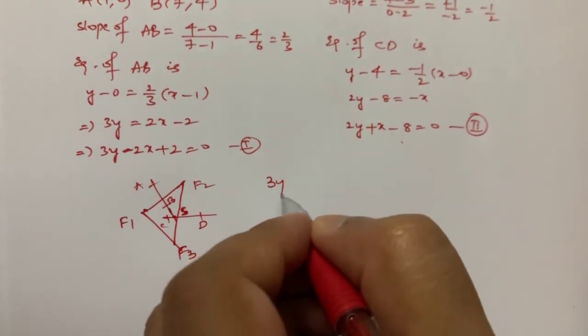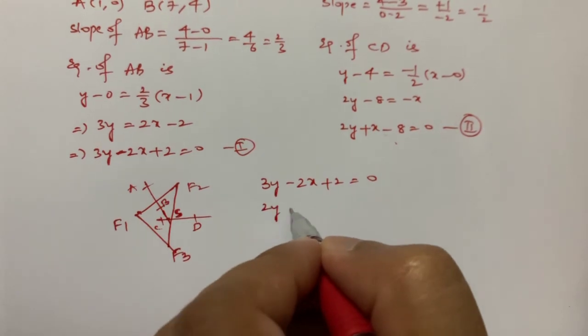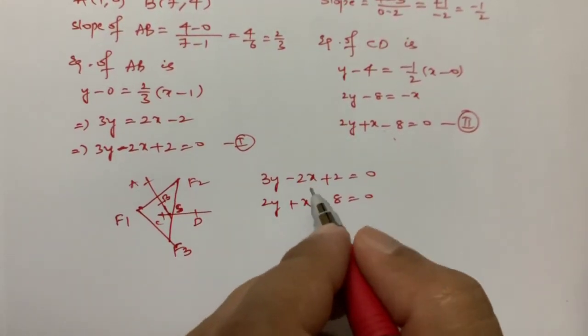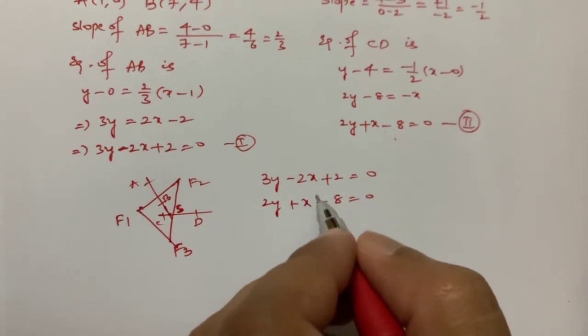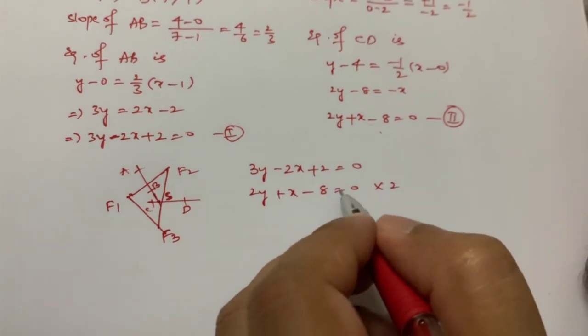So 3y minus 2x plus 2 is equal to 0, and 2y plus x minus 8 is equal to 0. If I want to find x and y, eliminate x first, so multiply this equation by 2 and add both of them.